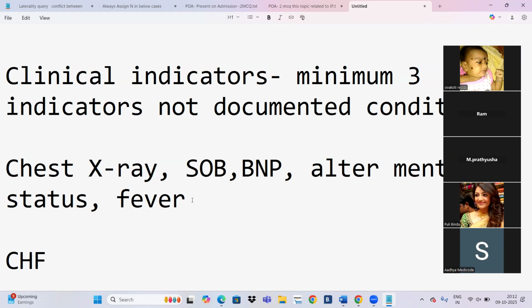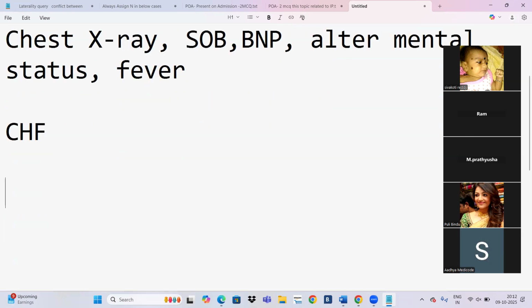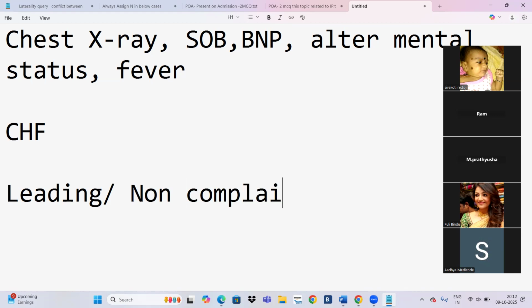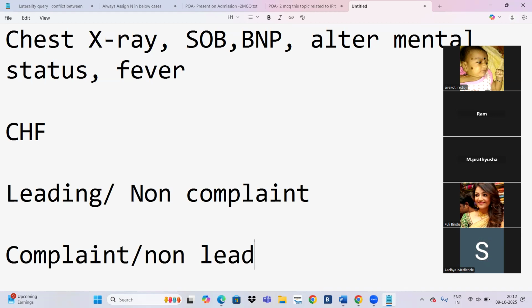Based on this concept, we have two types of queries. Here don't confuse, listen carefully. Leading or non-compliant, same meaning. Compliant or non-leading. How we raise these queries depends on the indicators.